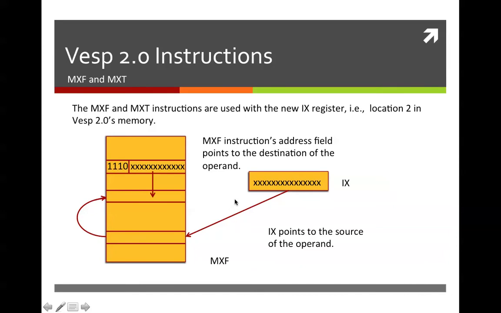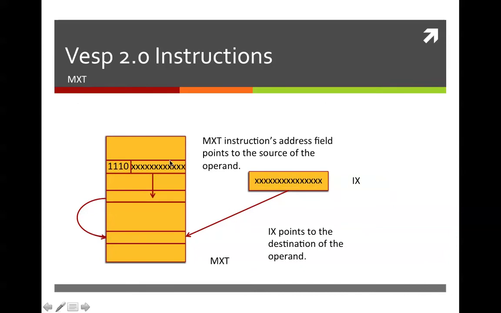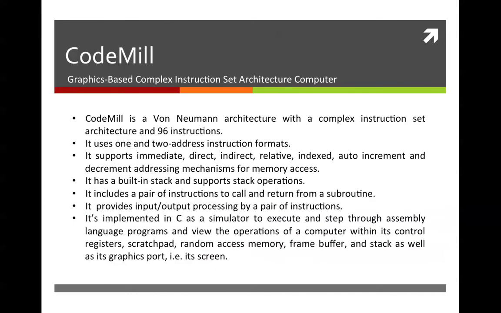So that's MXF, and the MXT is just the opposite direction-wise. So IX actually points to the place where the operand is going to move to, and the address portion of MXT points to the location where the operand is found. Again, the value of IX is incremented after the instruction is executed.